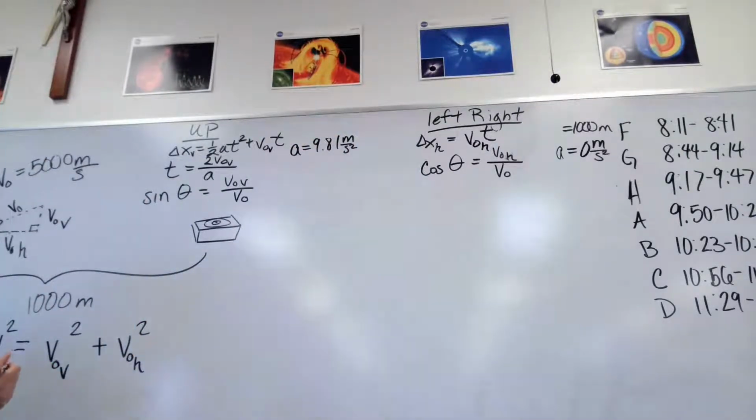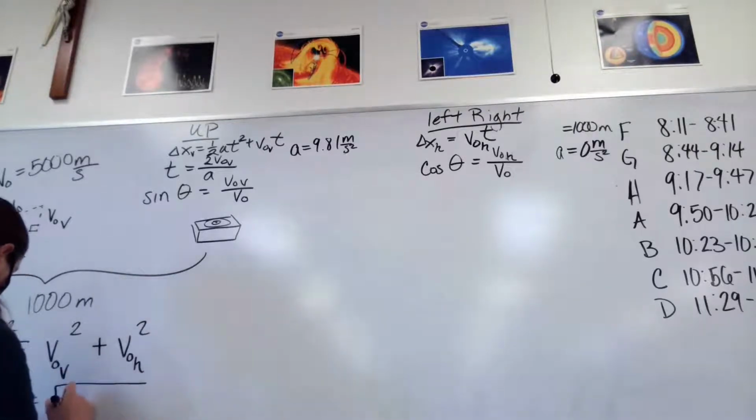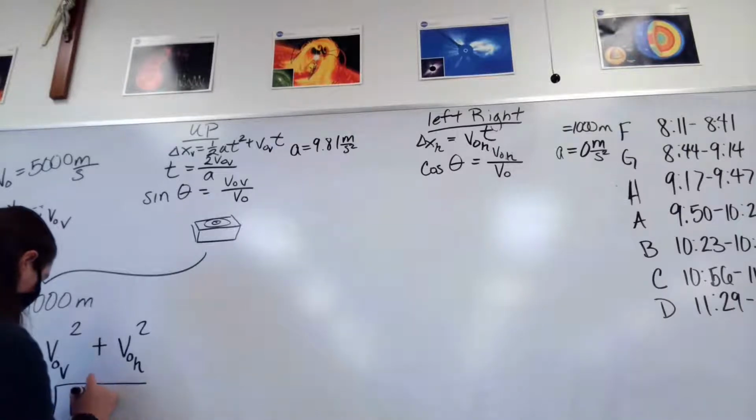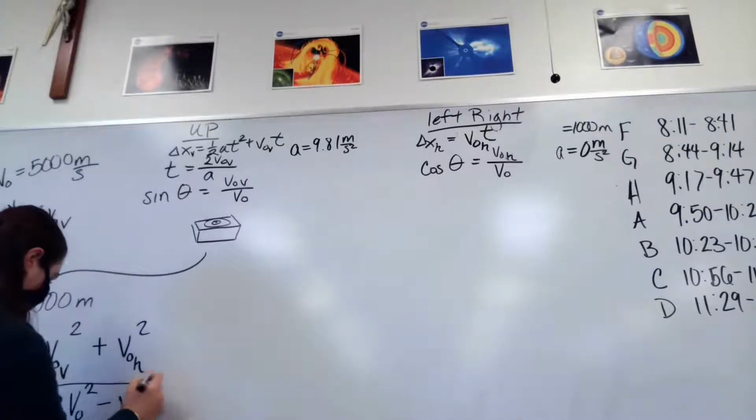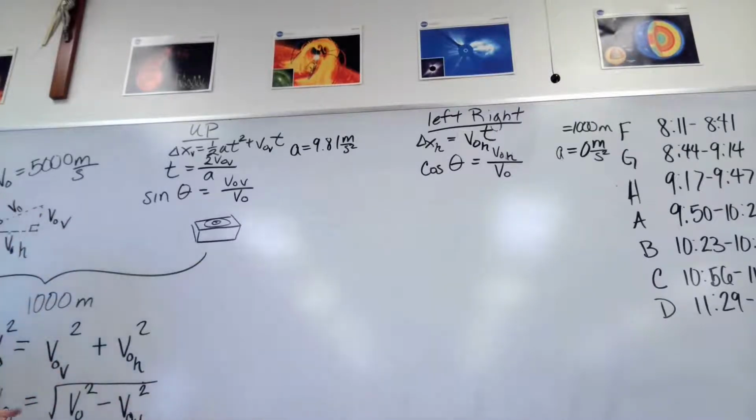All right. So let's solve for our horizontal velocity. So we will get this. So our horizontal velocity is equal to the square root of v naught squared minus v naught vertical squared.